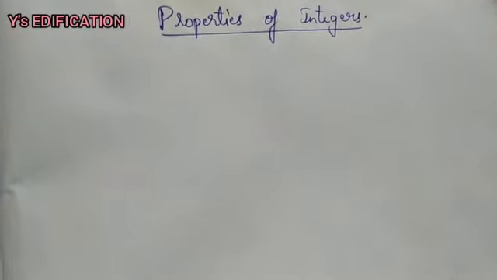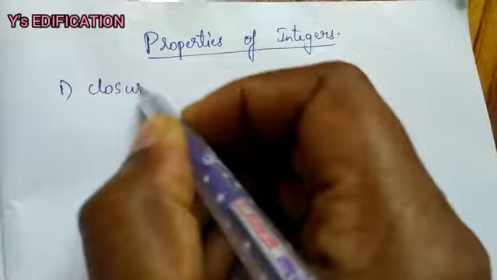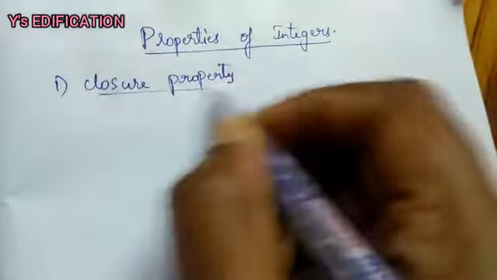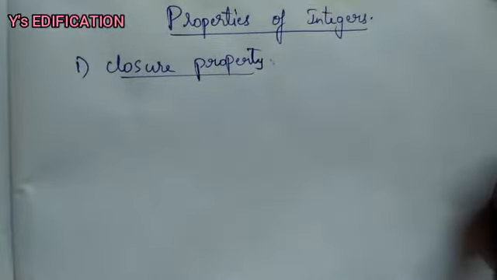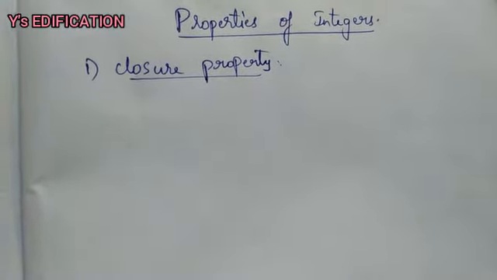The first property we are going to discuss today is closure property. And these properties we will check under arithmetic operations such as addition, subtraction, multiplication, and division.